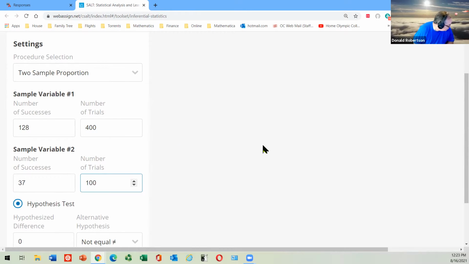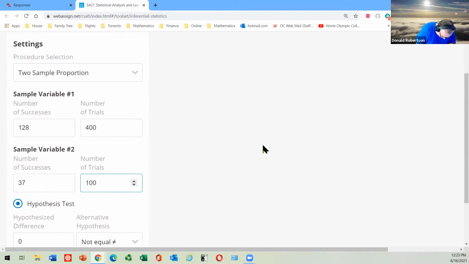So I'm going to copy down what that looks like so that when you look at the notes physically, at least, it will remind you what we are looking at. So you choose 2 sample proportion.